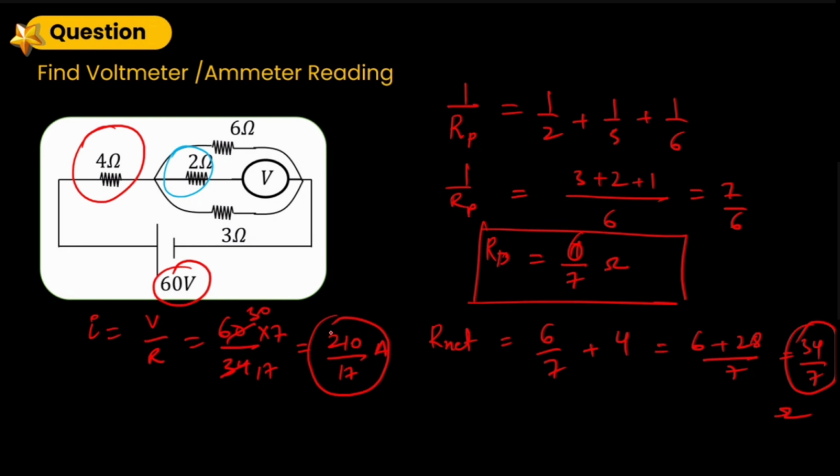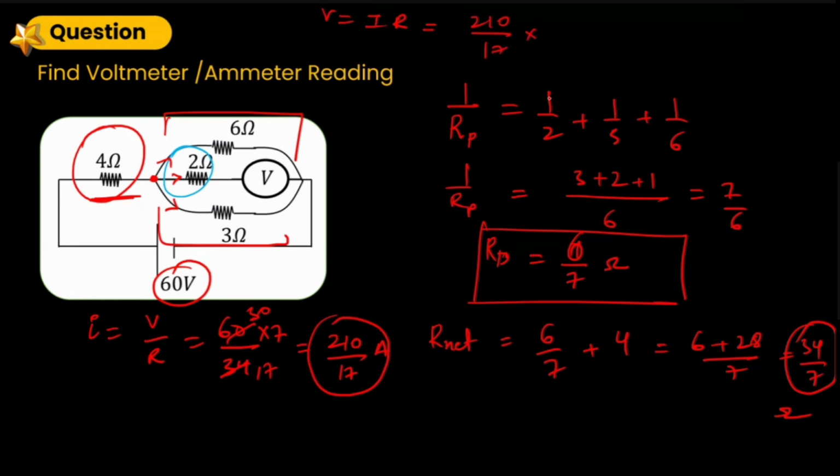So that must be passing through the 4 ohm and it got separated here. So now how can we solve it? Again, by using the value of potential. Can we find out the potential across this whole system of three resistors? Yes, we can. So potential is again I times R. So I is 210 by 17.